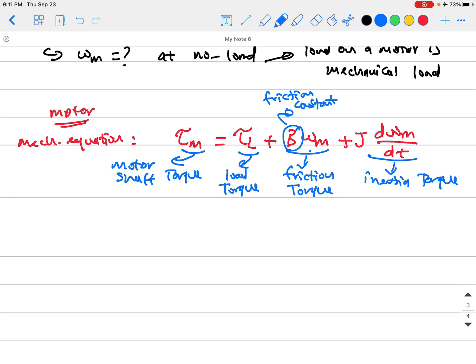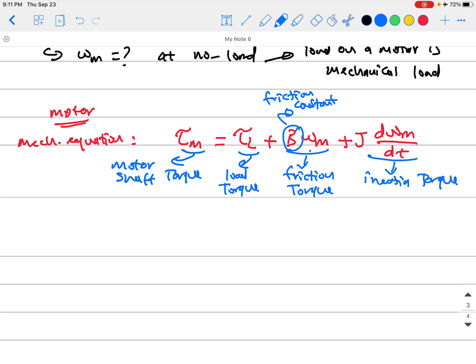Okay? It is just Newton's law. It says that any body will try to maintain its own state, whether stationary or moving. So if there is a stationary body and you try to move it, it will have some force trying to reply to you. Okay? And that's what we call the inertia.